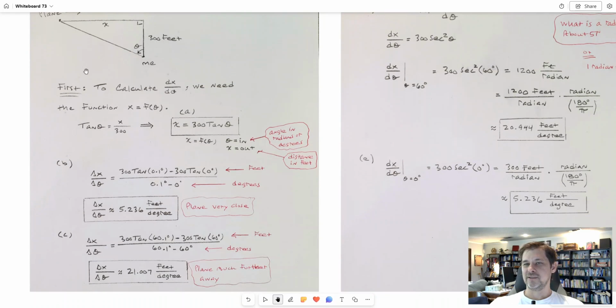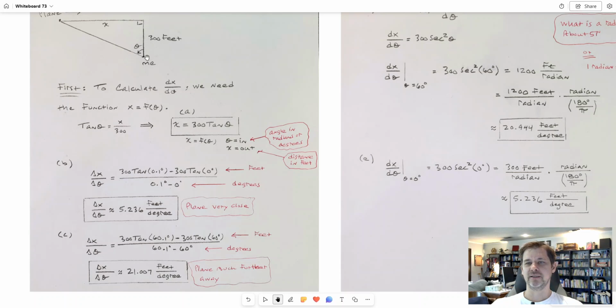Why is that? Just imagine the triangle. If this angle wiggled a little bit, by a degree, it would amount to way more movement out there. Versus if the plane was right up here, and this angle shifted by a little bit, that would amount to much less movement. You might also think of it like this.